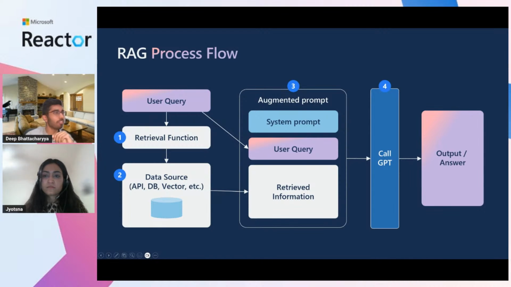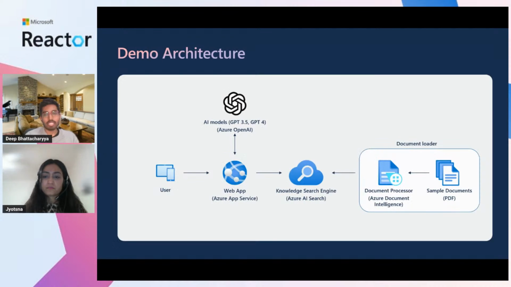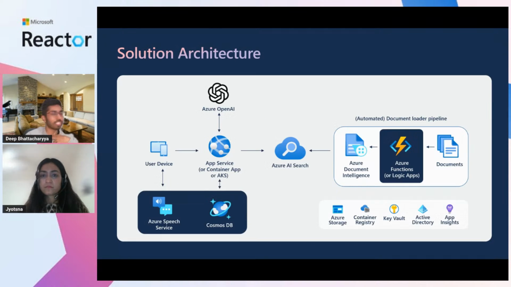So if you do have logic that can run before the user's input, definitely place this into the document loader here, especially if you look at the production ready one. There's an Azure function that we've recommended in there, or logic app. So probably the best thing to do is to put that logic layer into that logic app or Azure function.